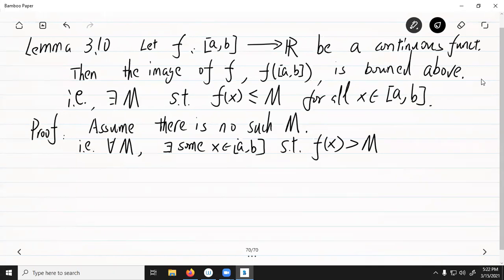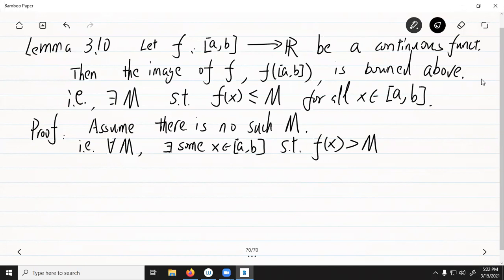So we assume there's no such M. That means we assume the image is not bounded above. So what does this mean? That means for any number M, you can always find some x in the domain such that f of x is greater than this M, no matter how large M is.